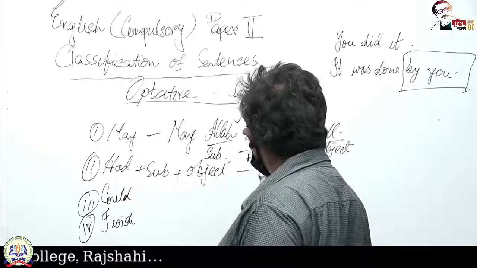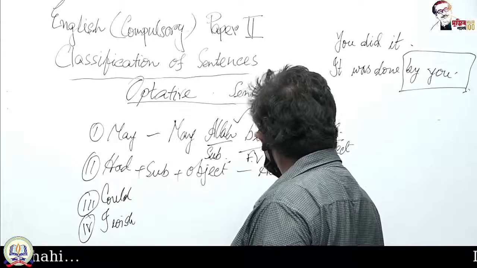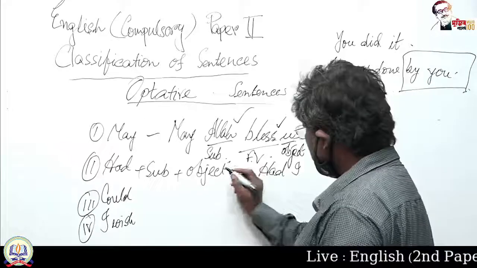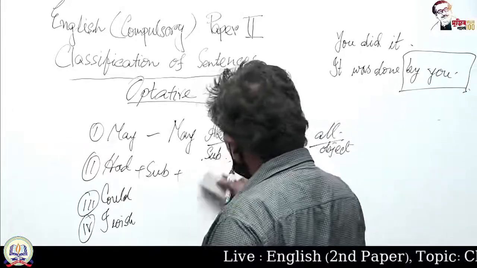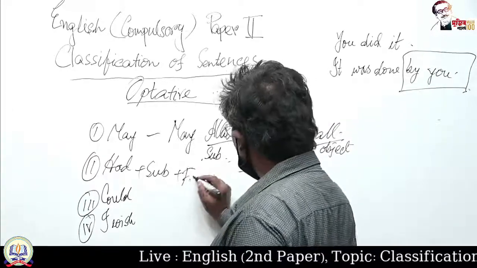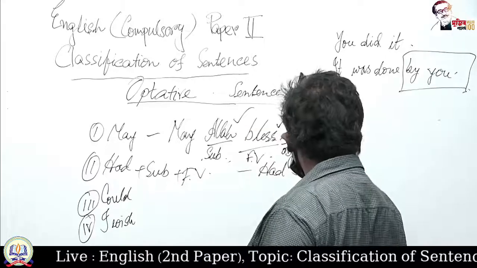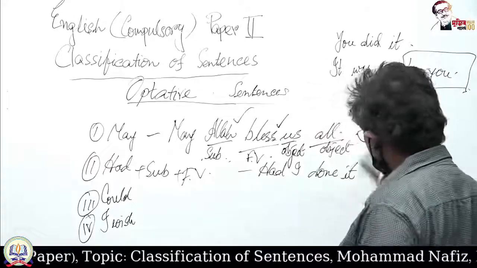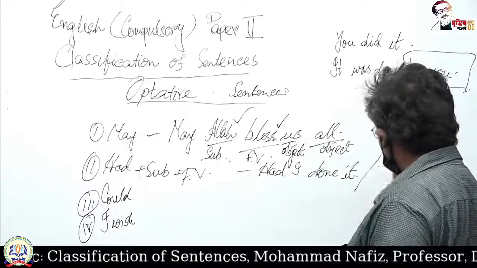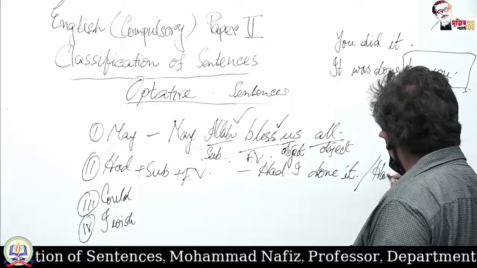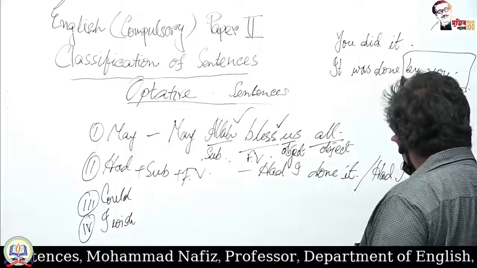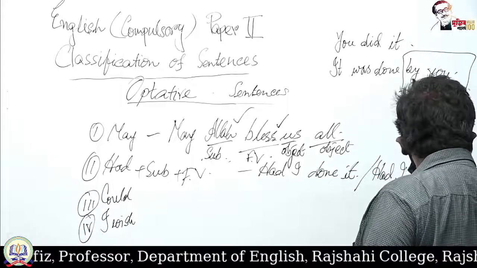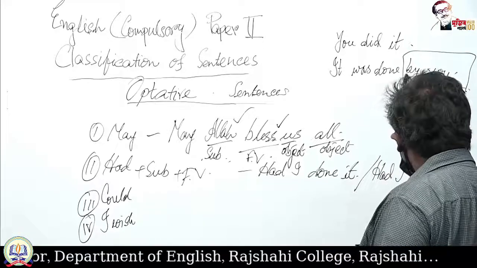For example, 'Had I' subject plus finite verb. 'Had I done it?' 'Had I done it, or had I the wings of a bird?'